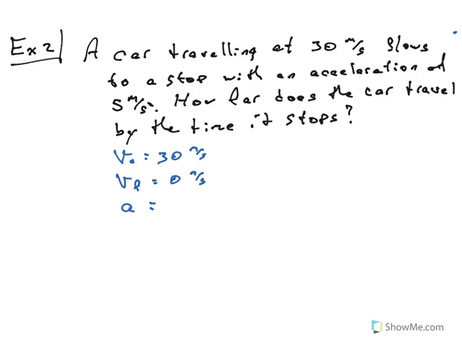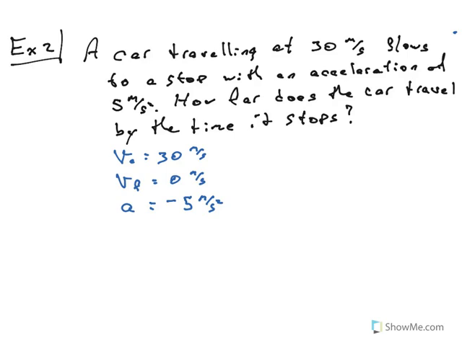But in physics, there's no such thing as deceleration. They're all accelerations. But you can have a positive acceleration, which means you speed up, or you can have a negative acceleration, which means you slow down. So, here I'm told we're slowing to a stop with an acceleration of 5. That means our acceleration is minus 5 meters per second squared. So be very careful about that.